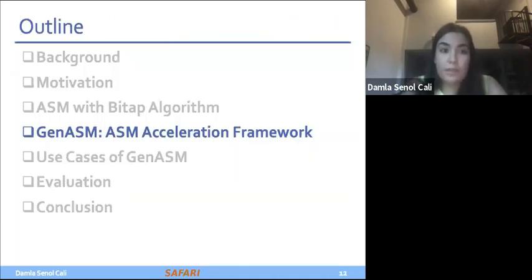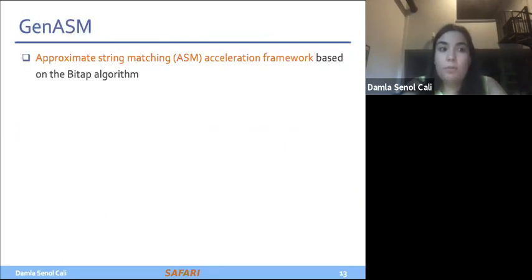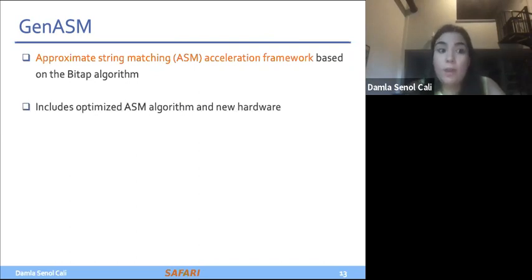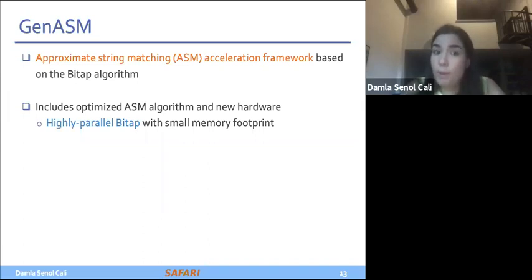Because of these limitations, in this work, we propose GenASM. It's an approximate string matching acceleration framework based on the Bitap algorithm, but we optimize the algorithm to fix the limitations it has, and also we propose a new hardware design for the modified algorithm. And we obtain a highly parallel Bitap algorithm with very small memory footprint.